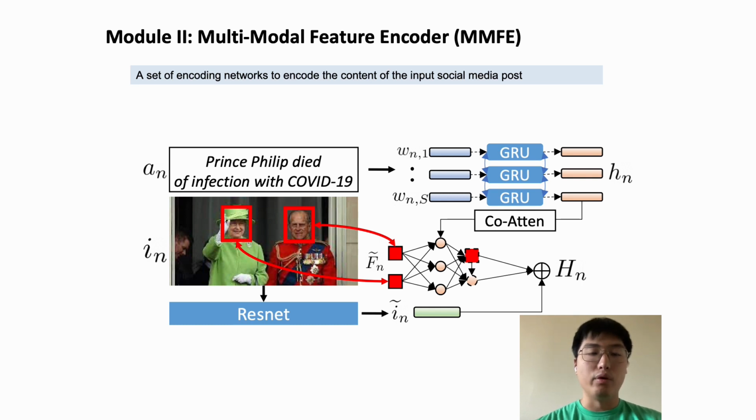The second one will firstly detect the human faces from the image, and then use a co-attention module to explore the correlation between each human face and each text entity. Finally, we use ResNet to extract the global feature from the image because we don't want to lose any visual information. We merge all of them together to get a single feature for each post.